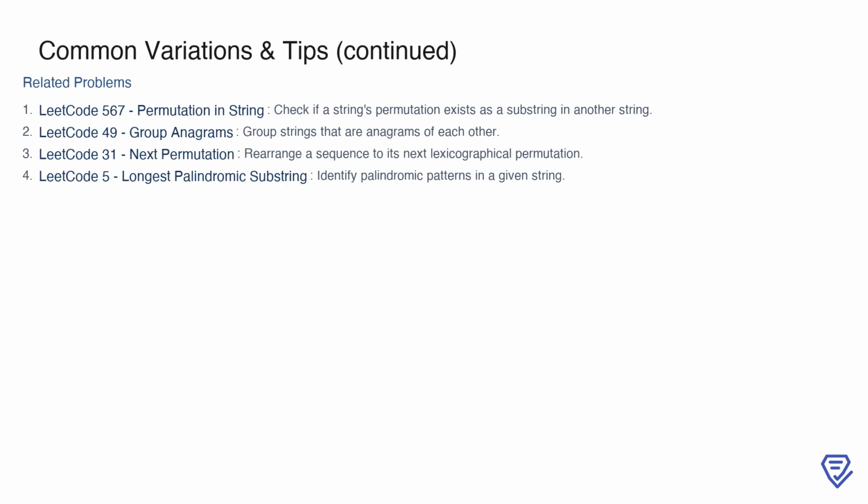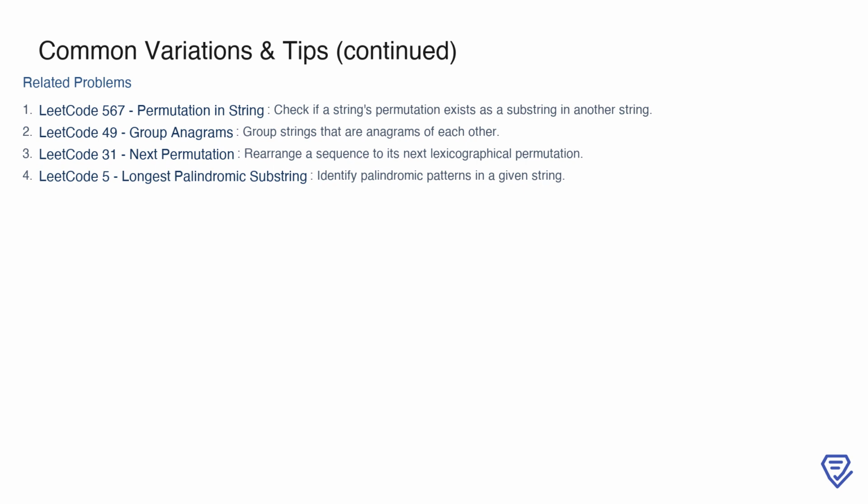This problem shares similarities with several other LeetCode challenges, which can help you build transferable skills. For instance, LeetCode 567, Permutation in String, involves checking whether a permutation of one string exists as a substring in another. This problem encourages you to think about sliding windows and frequency counts, which are also useful here. LeetCode 49, Group Anagrams, focuses on grouping strings that are anagrams of each other, often using sorting or hash maps.